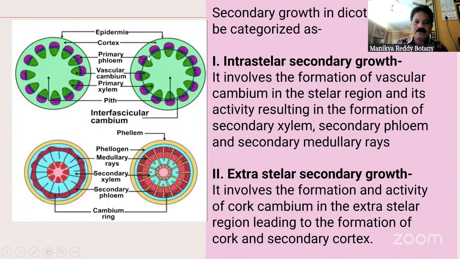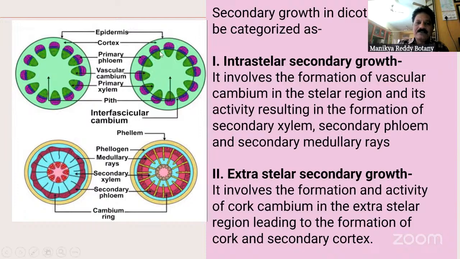This strip is called intrafascicular cambium, and this strip is called interfascicular cambium. Both strips join together forming a ring. This ring is called the cambial ring. This cambial ring is formed due to the fusion of fascicular and interfascicular cambium. Fascicular cambium is also called intrafascicular cambium.